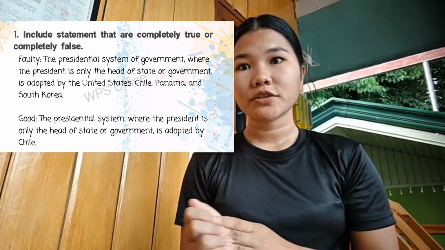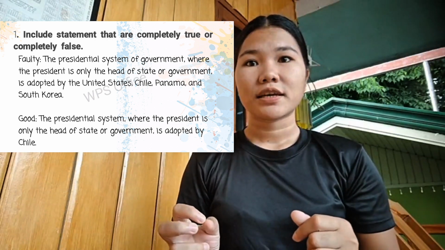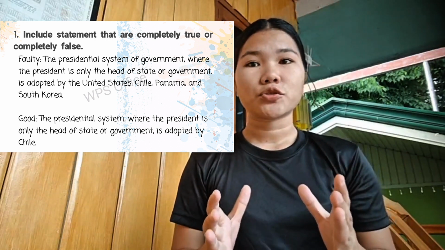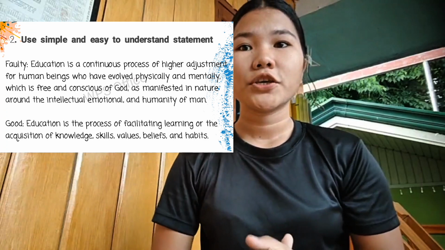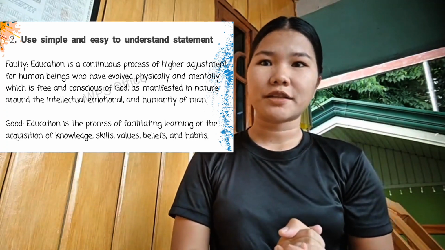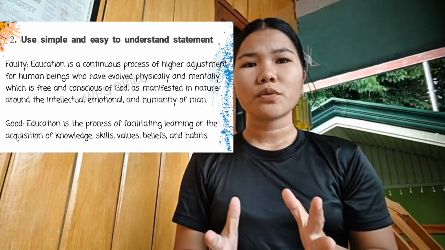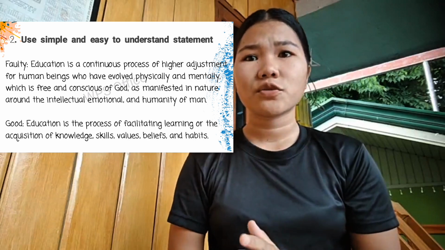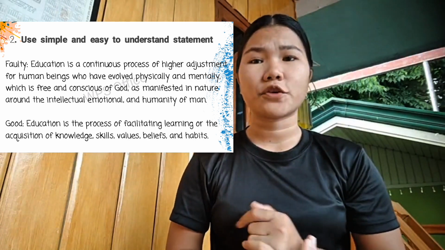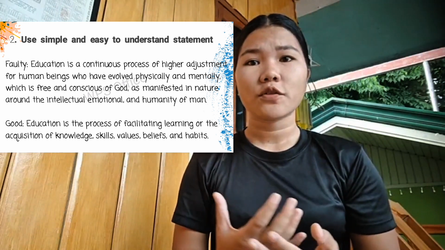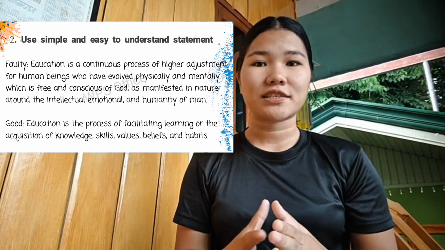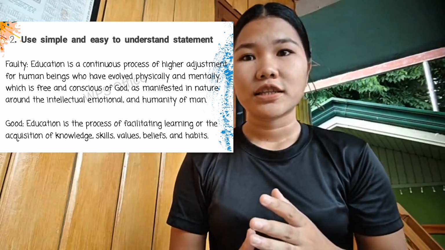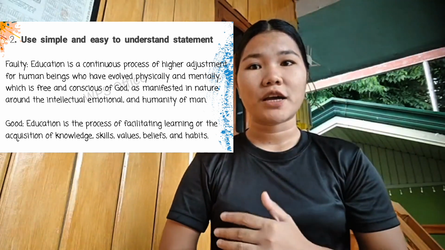It is important to include statements that are completely true or completely false to avoid confusion of the student. The second one is use simple and easy to understand statements. The faulty one is education is a continuous process of higher adjustment for human beings who have evolved physically and mentally, which is free and conscious of God as manifested in nature around the intellectual, emotional, and humanity of man.